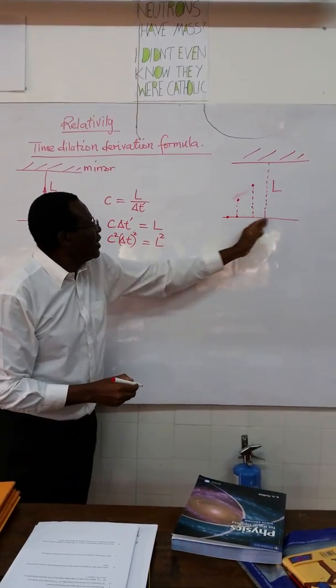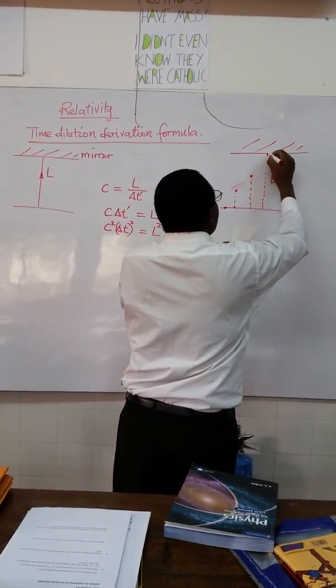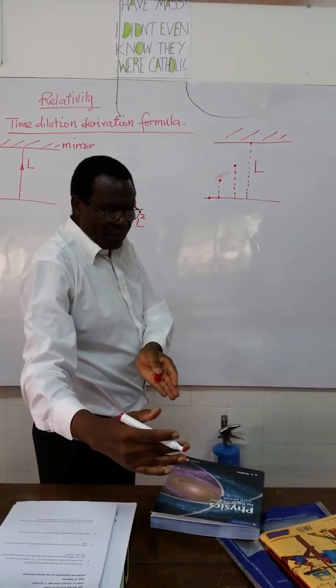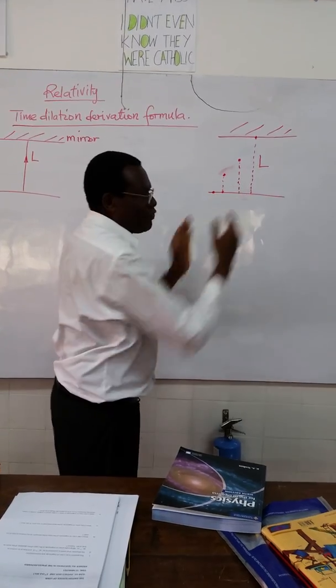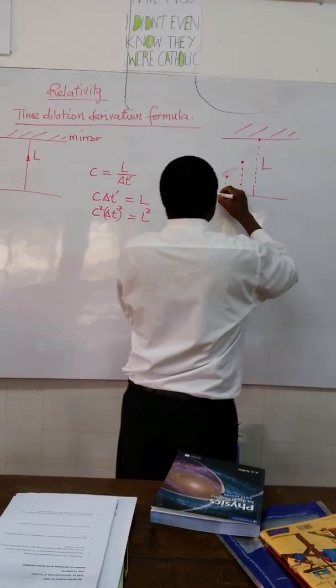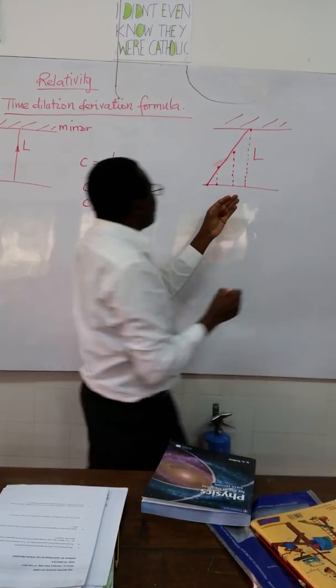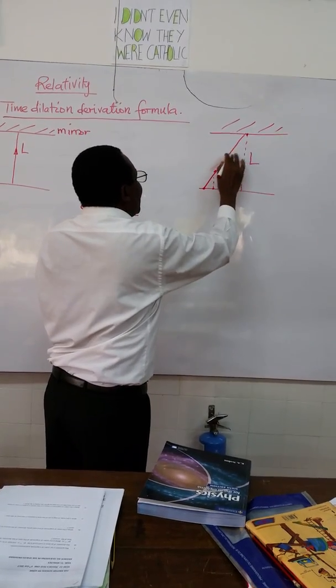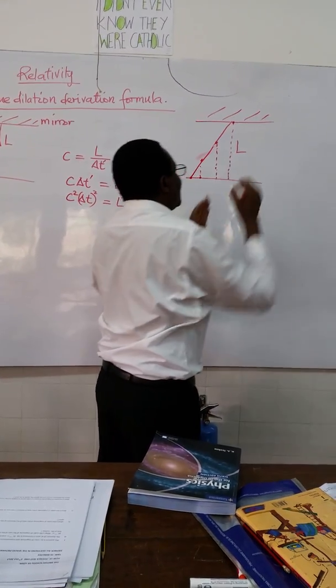So instantaneously, we can see that the observation by this person outside in a stationary frame of reference, who is observing this moving frame of reference, will notice that the light takes this path to the top of the mirror and back through the other route.